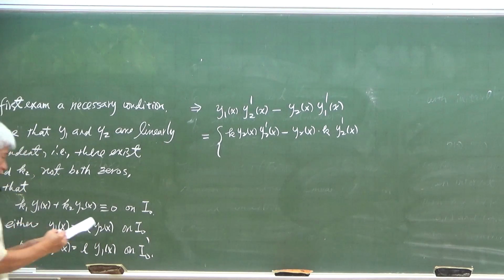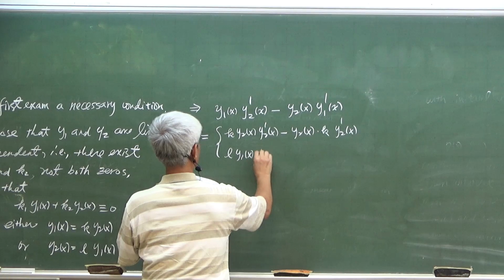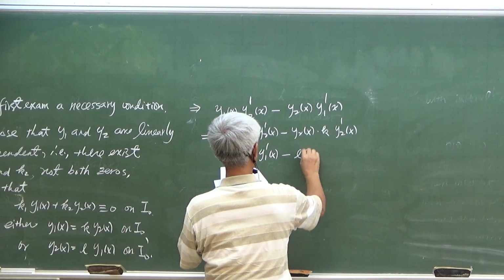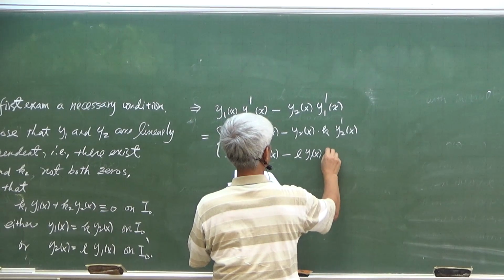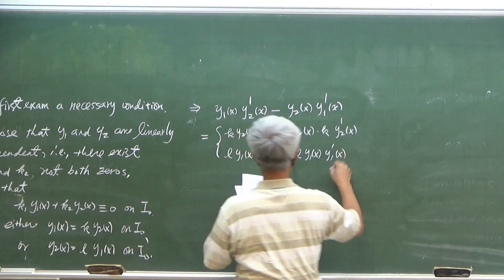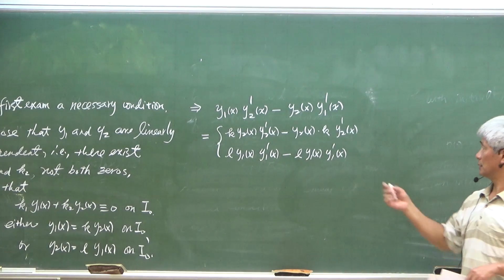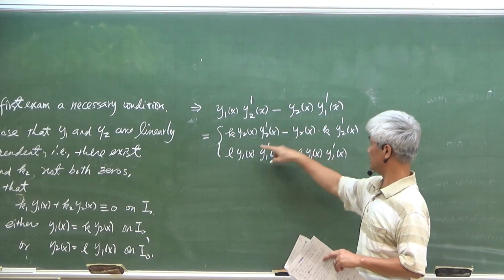For the second case, we have Y2 as a multiple of Y1. Okay. Now you can see, no matter which expression, you cancel them, right?